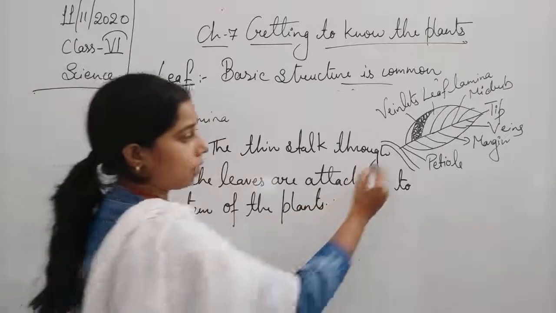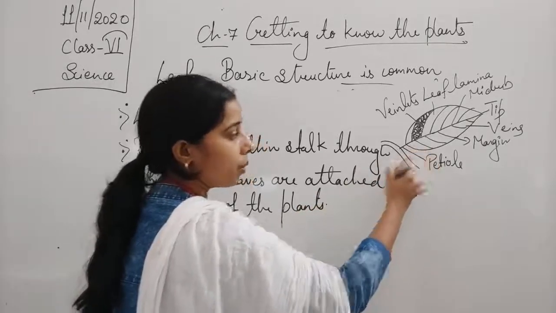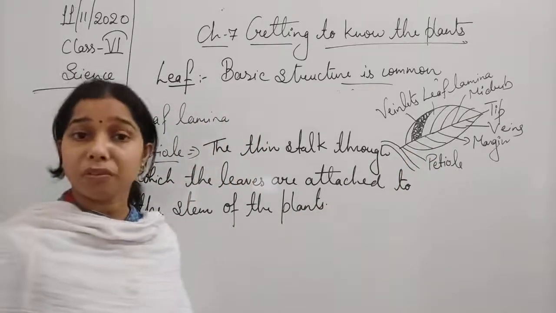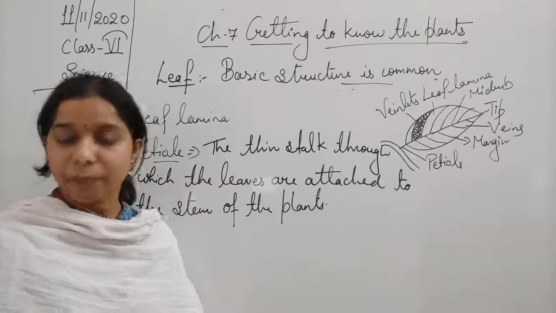This is the thin stalk-like structure which is attached to the stem of the plant, and that is why we use the term for it, that is known as a petiole.